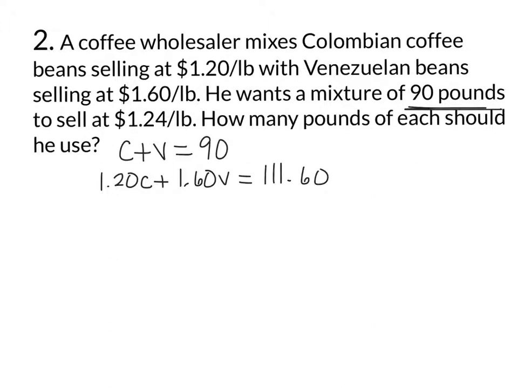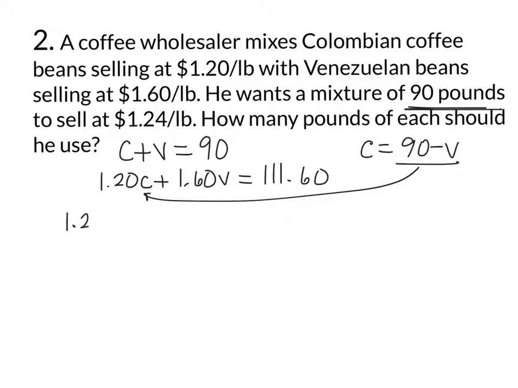So now, we can solve this however you would like. You can use elimination, you can use substitution, which is what I'm going to use. So I'm going to solve for C and get 90 minus V. And I'm going to plug it in right there. So $1.20 times 90 minus V plus $1.60V equals 111.6.